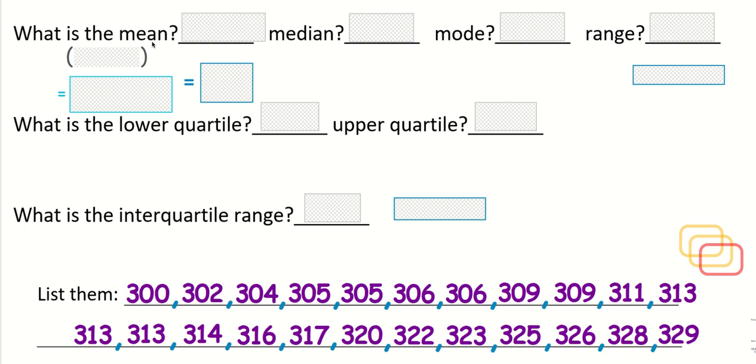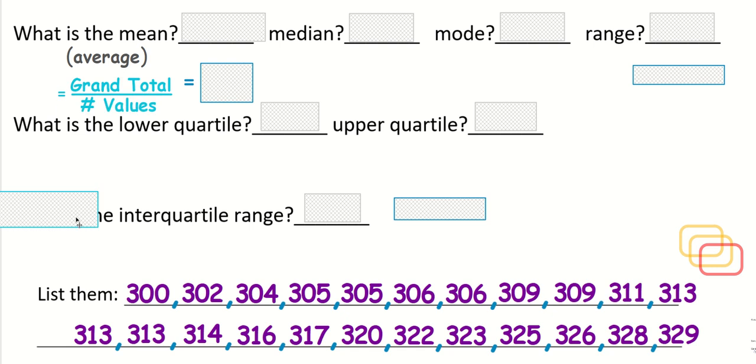What is the mean? Mean is another word for average. Maybe you remember how to find the average of a big list of numbers. You do the grand total: you add up all the numbers and then divide by how many values there were, how many data scores.